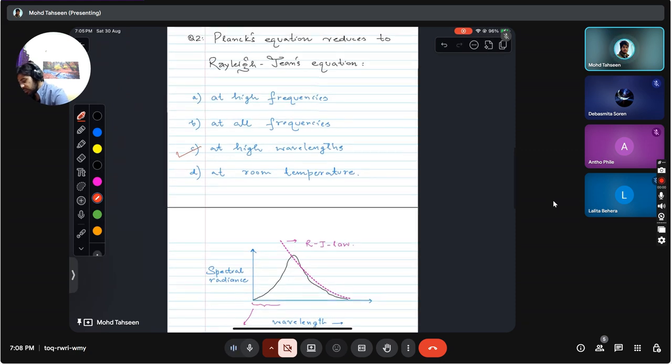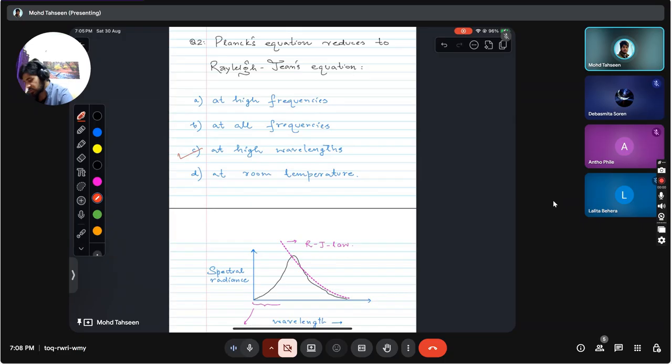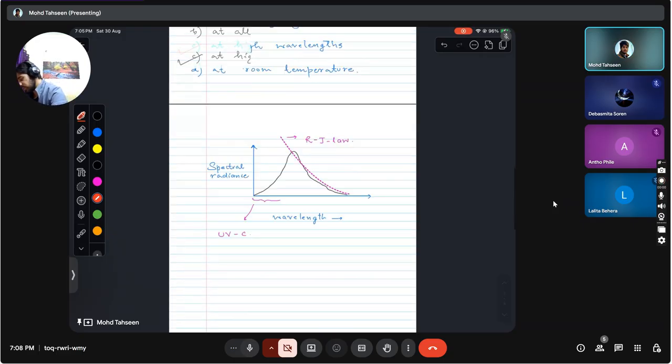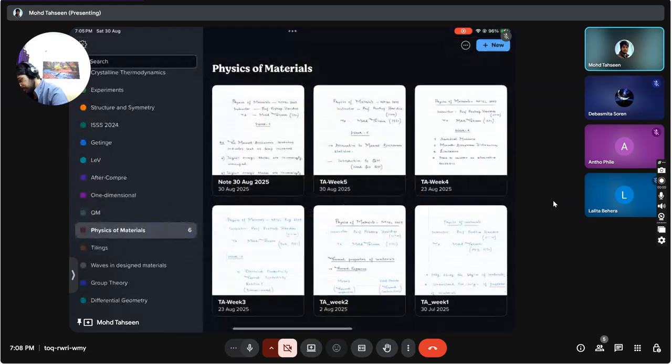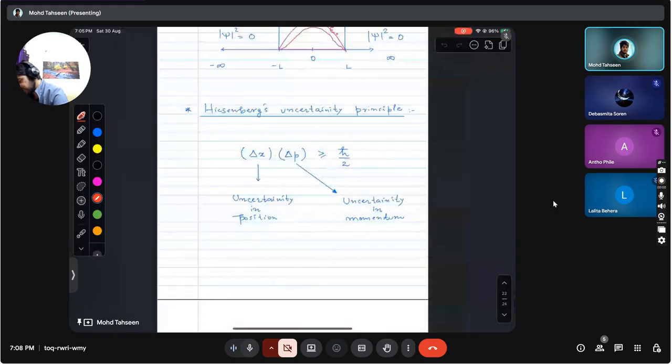I think I missed one thing here, that Planck's equation, let me write the equation. It is actually the explanation of this is here.